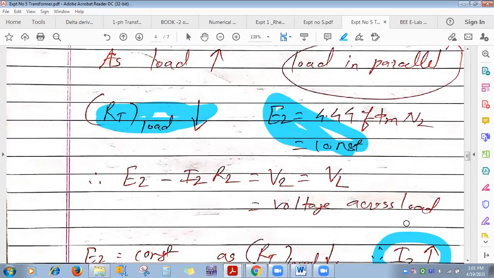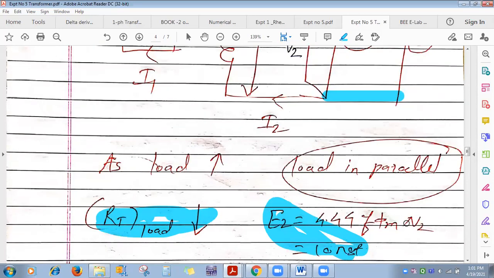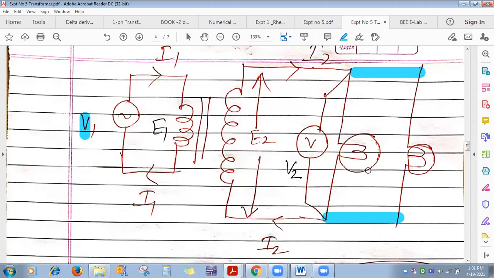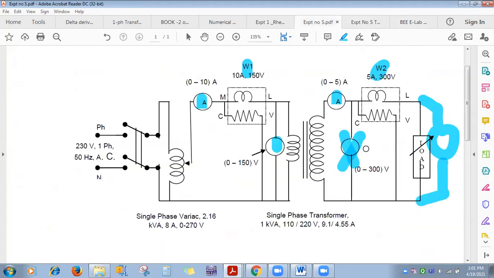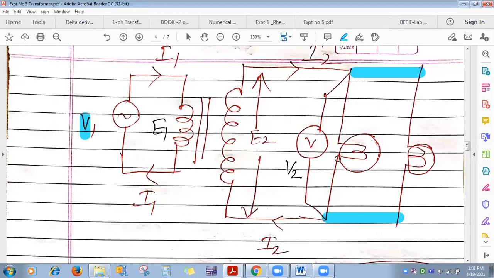That's why I2 increases. So what is the conclusion? As you go on increasing the load on the transformer, I1 and I2 increase, and W1 and W2 also increase. In this observation table, V1 is constant, and I1, I2, W1 and W2, all four parameters, go on increasing.